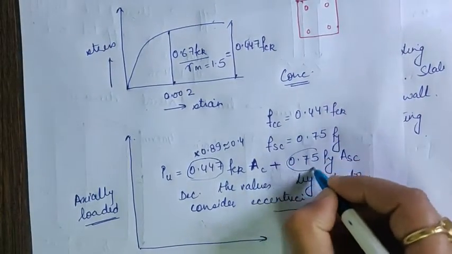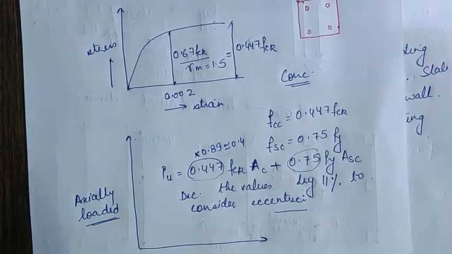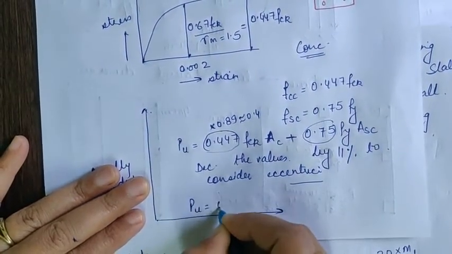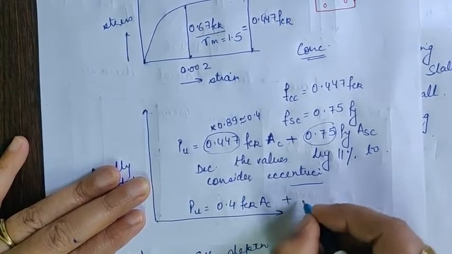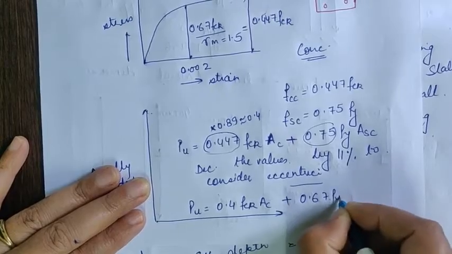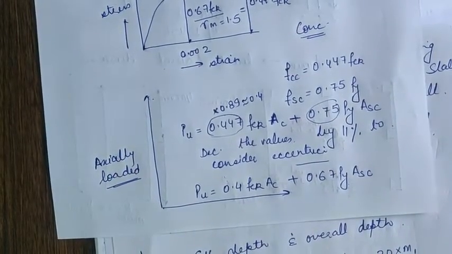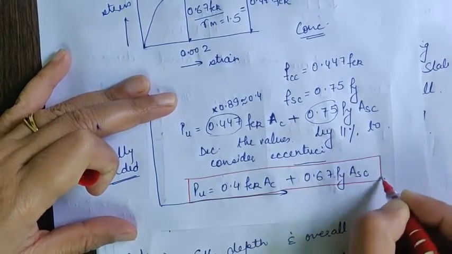Similarly, if I reduce this value by 0.89, what I'll get is 0.67. So ultimately what I get is 0.4 FCK AC plus 0.67 FY into ASC. So this is the basis for the origin of this particular formula that is given in the code.